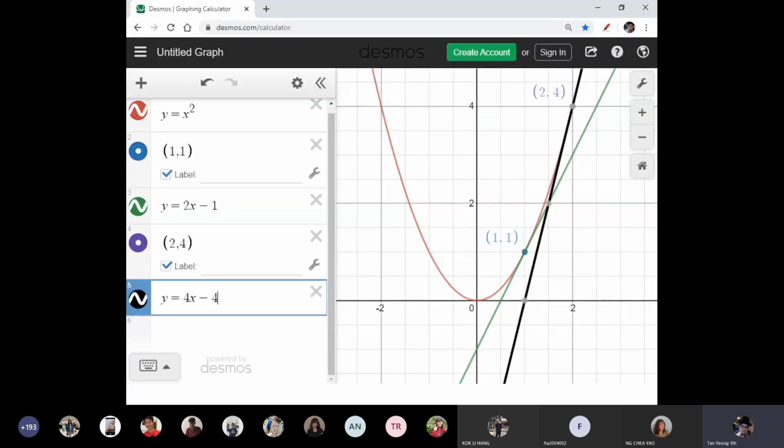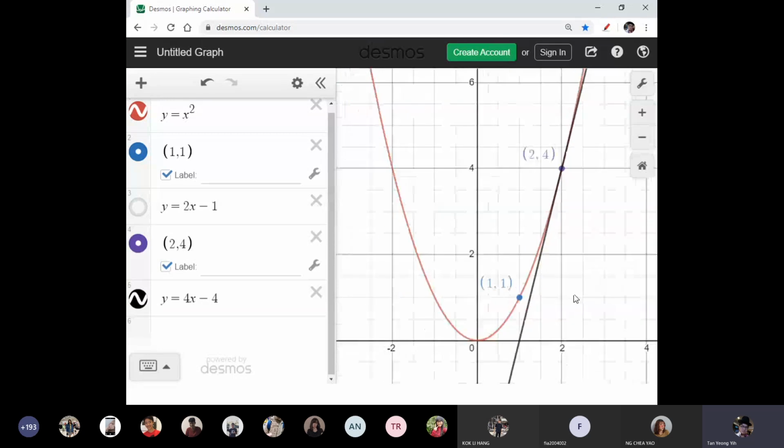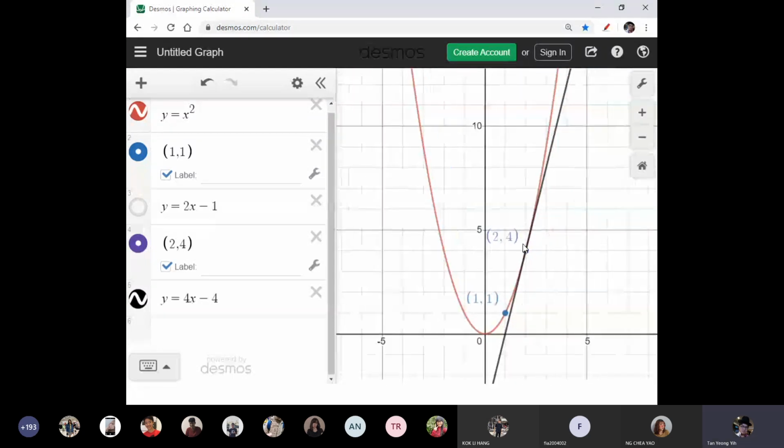When I draw another tangent line that touches this point, this is the tangent to the curve at this point. I repeat, this black line is the tangent to the curve at the point 2, 4.